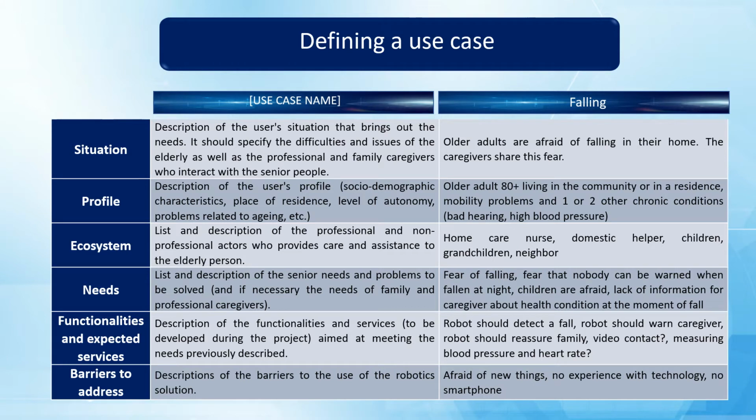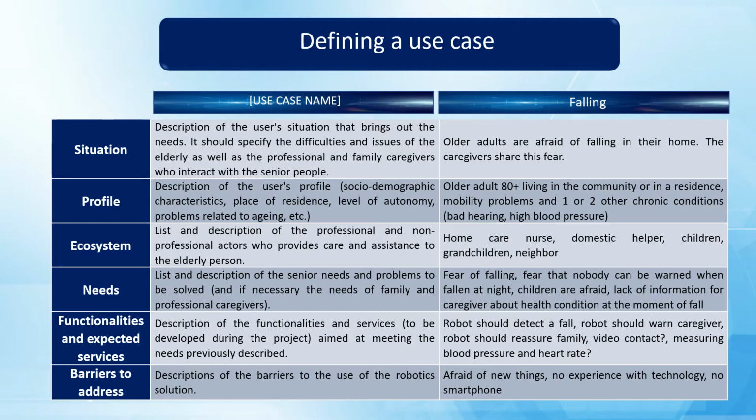You describe the situation, the profile of the user, the ecosystem, that means what other people are involved, professional, non-professional, what are the needs of, in this case, the senior, and what are then, given those needs, functionalities and expected services. A final thing that is relevant for a use case is to think of the barriers to address.